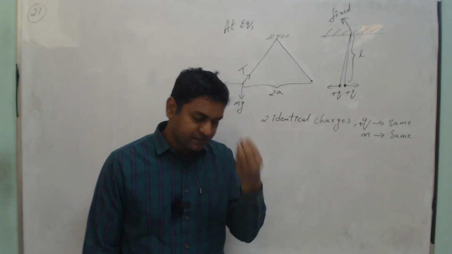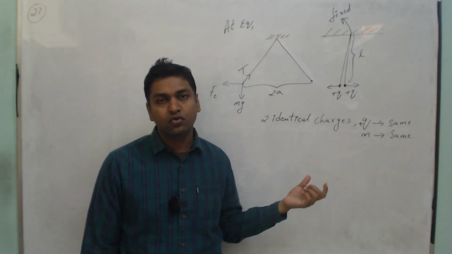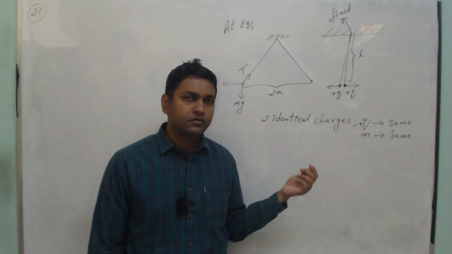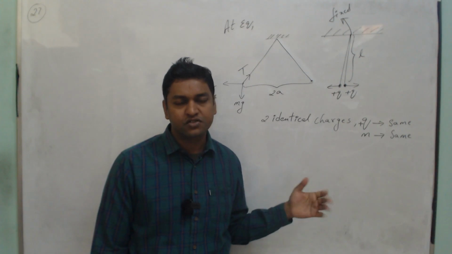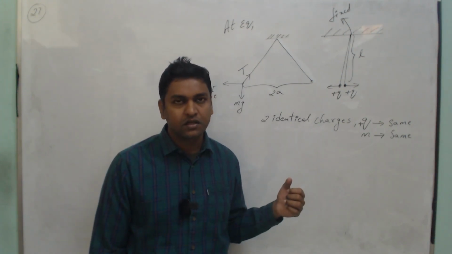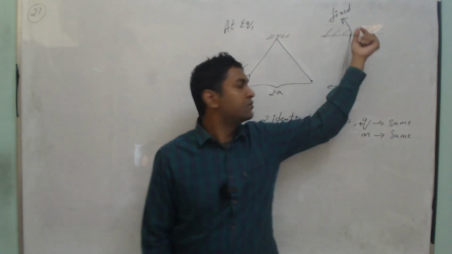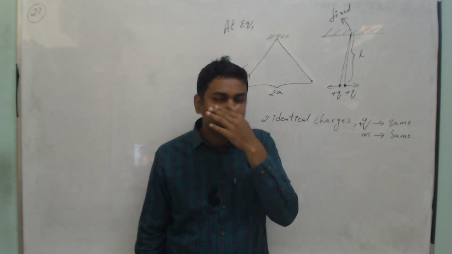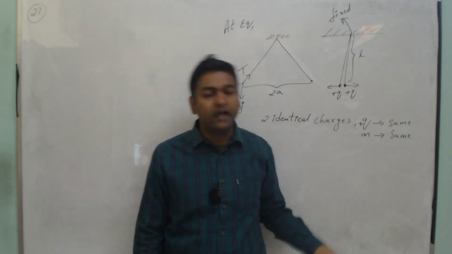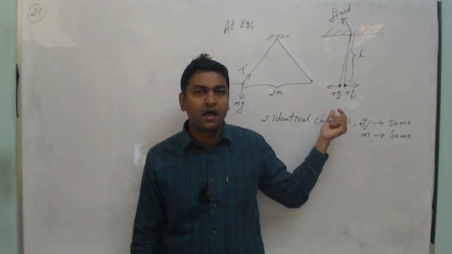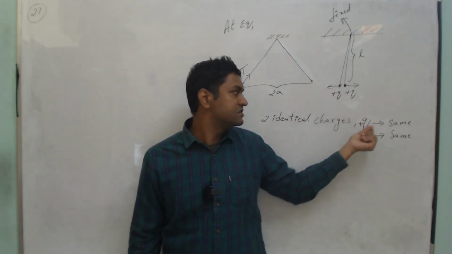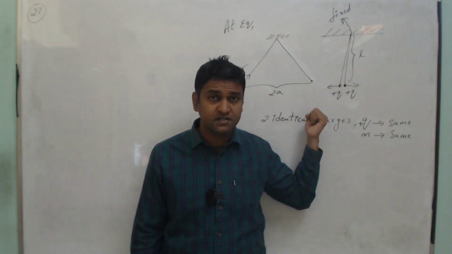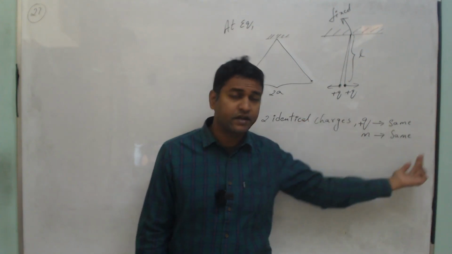In the question, he has given you a story where there are two insulated threads, which basically cannot be charged or no conduction takes place. And these threads are both attached at a fixed point on the ceiling. The other ends of these strings are attached to charges, or let's say two identical charges, each having a charge plus q and mass m.